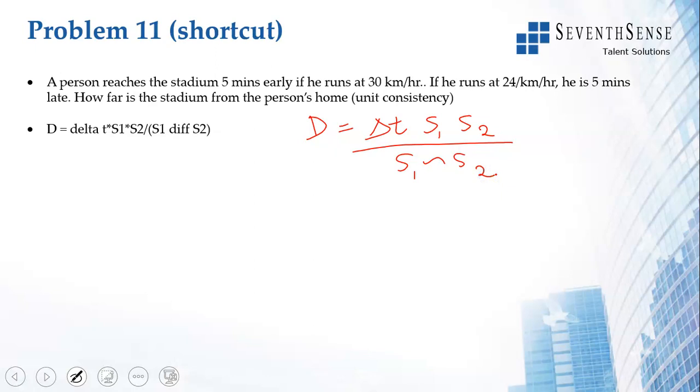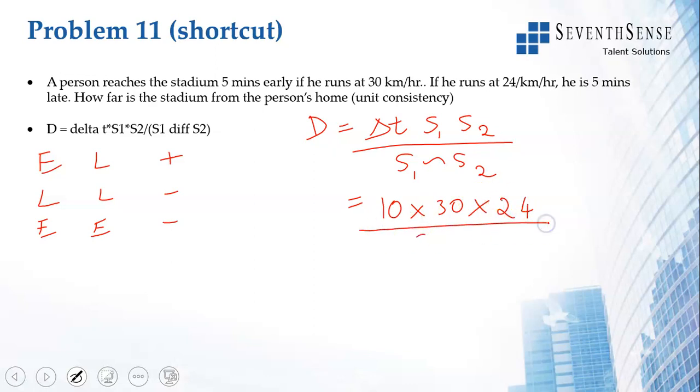We said if one is early, the other is late, you add those times. If both are late or both are early, subtract the time. So here what is delta t? Delta t, one is early, one is late. So 5 minutes plus 5 minutes. So it is equal to 10 into s1 into s2, 30 into 24, by s1 minus s2.